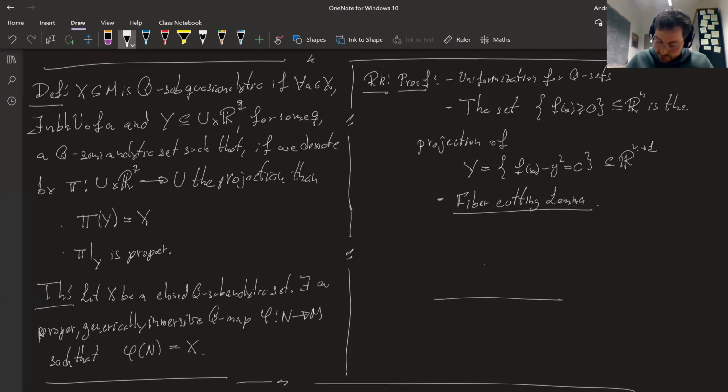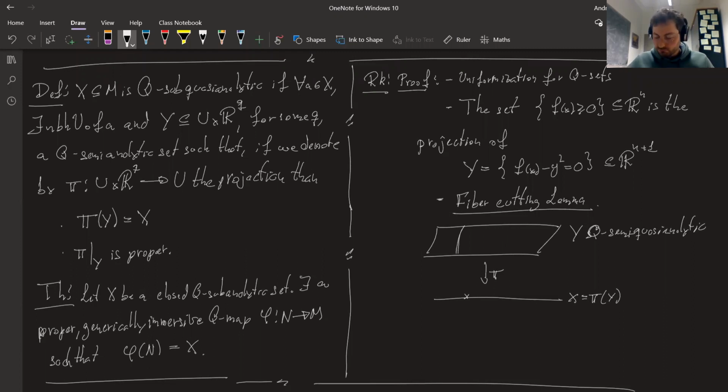Given some projection from Y to X, Y Q subanalytic, for each one of the points the dimension of the fiber might be big. You might have a projection of dimension 1, but Y itself had dimension 2.